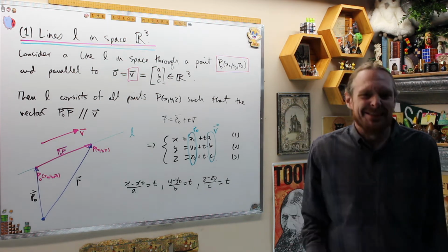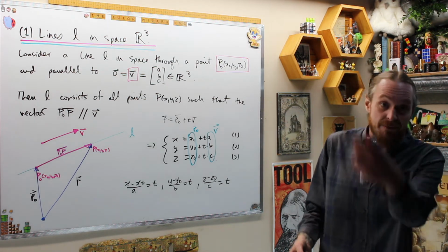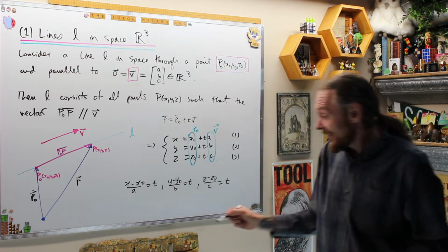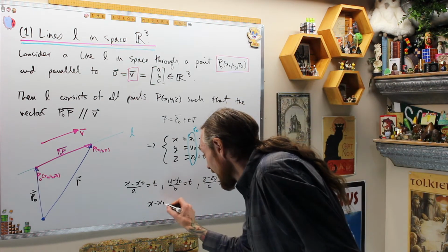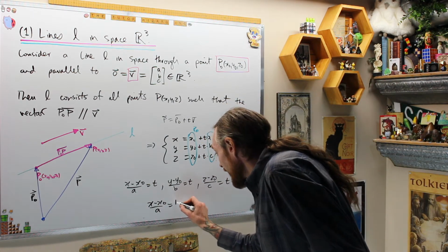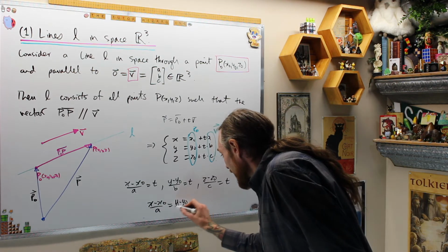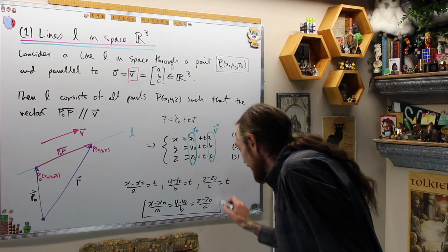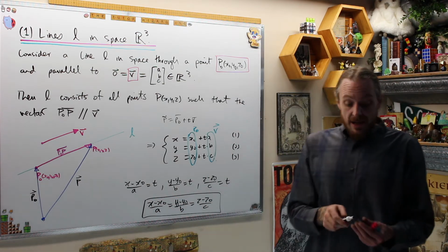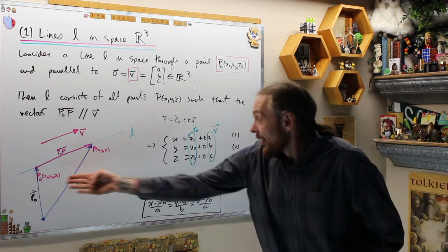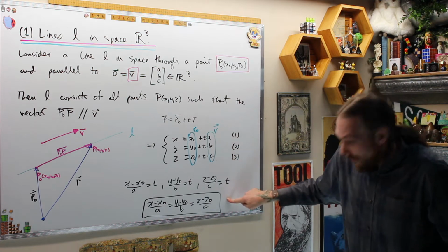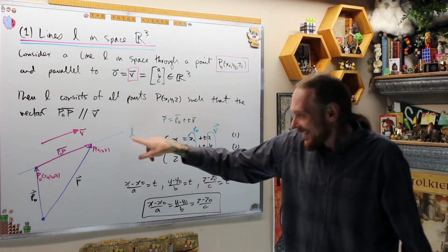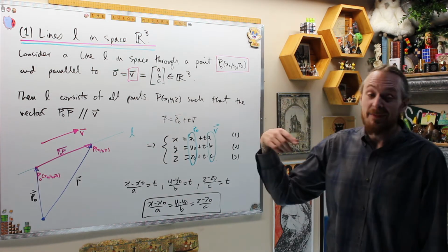But here's now the symmetric form of the same equation of a line, which is going to be (x minus x naught) over a equals (y minus y naught) over b equals (z minus z naught) over c. This is the symmetric avatar of an equation of a line. 1, 2, 3, 4. It's all describing the same thing. This guy. And then we got planes.